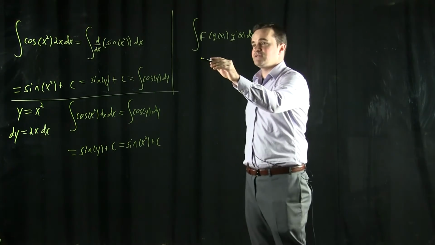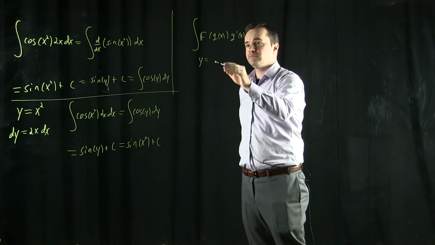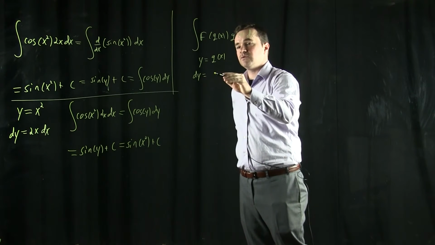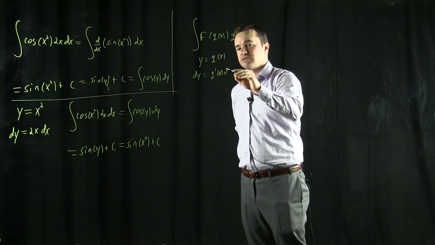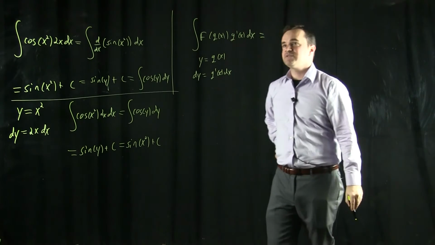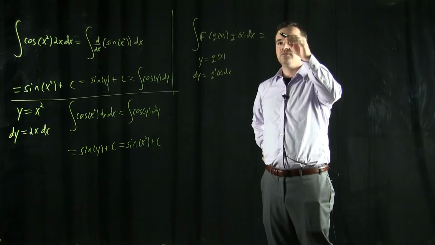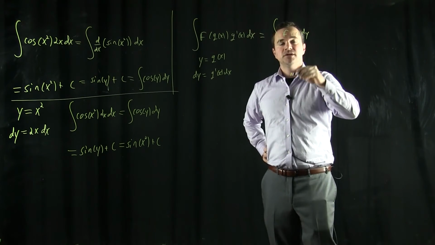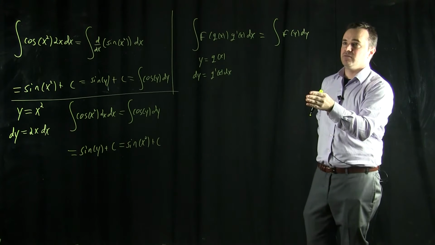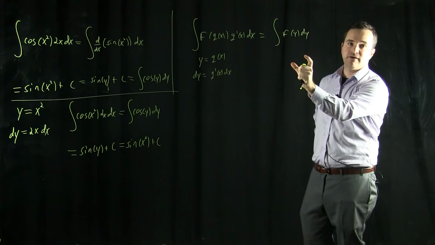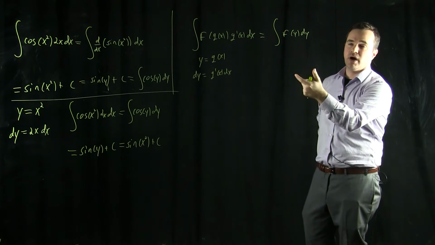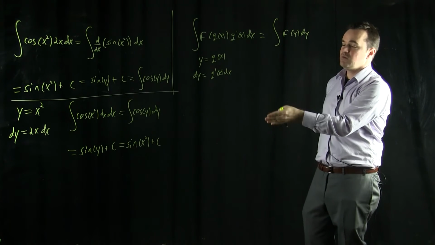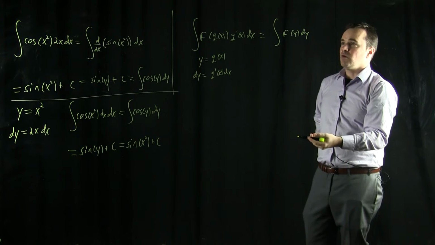And you'll be thinking of setting y equals g of x, and then dy will be equal to g prime of x dx. And so what I'm saying is, this is always going to be equal to the integral of f of y dy, except for the fact that when you do this integral, you'll then have to substitute back y is equal to g of x when you're finished, just like we substituted back y is equal to x squared over there.